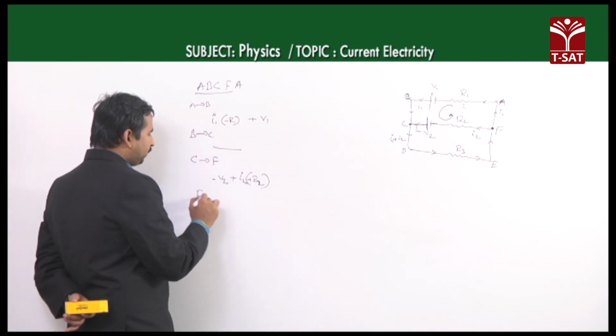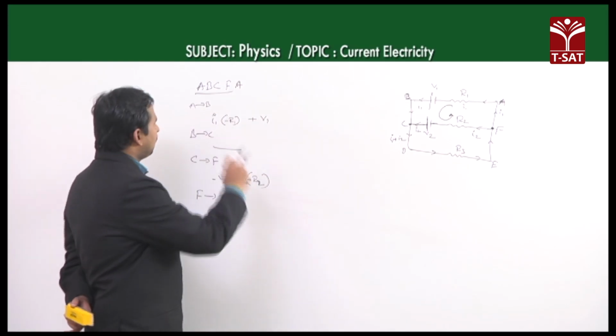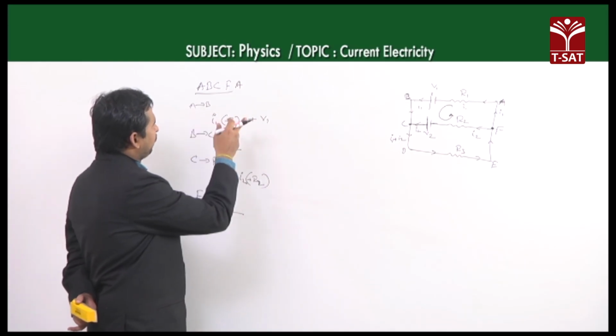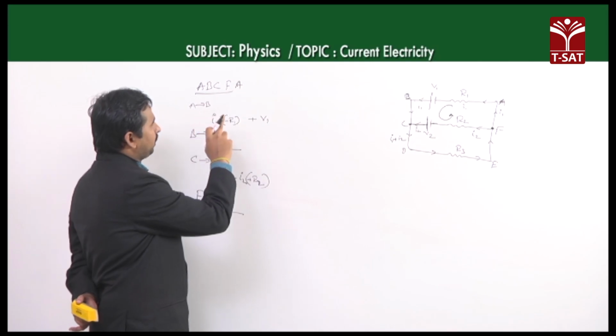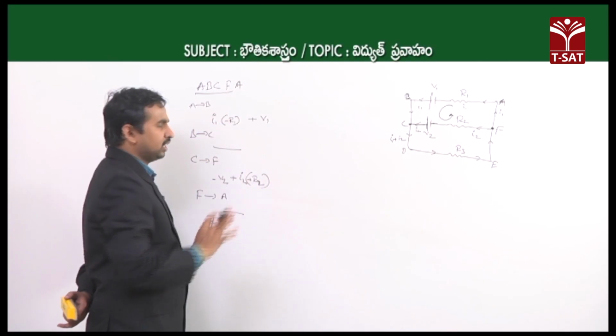And finally F to A, again nothing is present. So whenever I start from A and return to A, through C to F and F to A, I get the total potential difference like this.